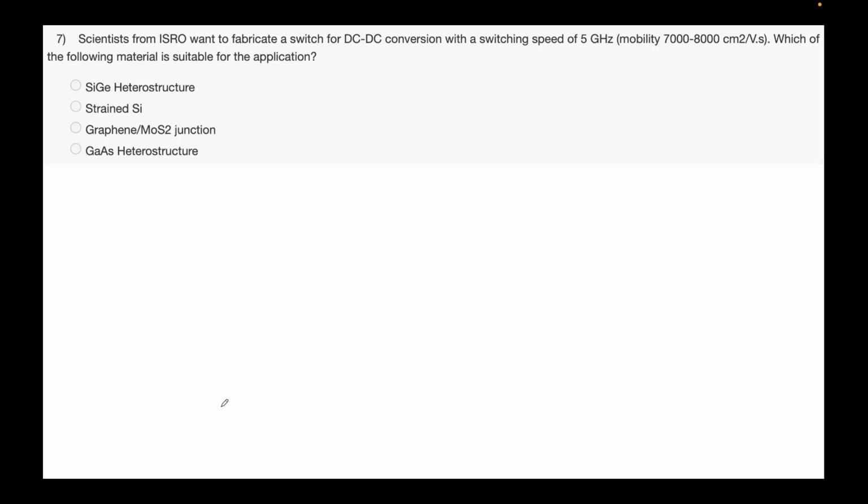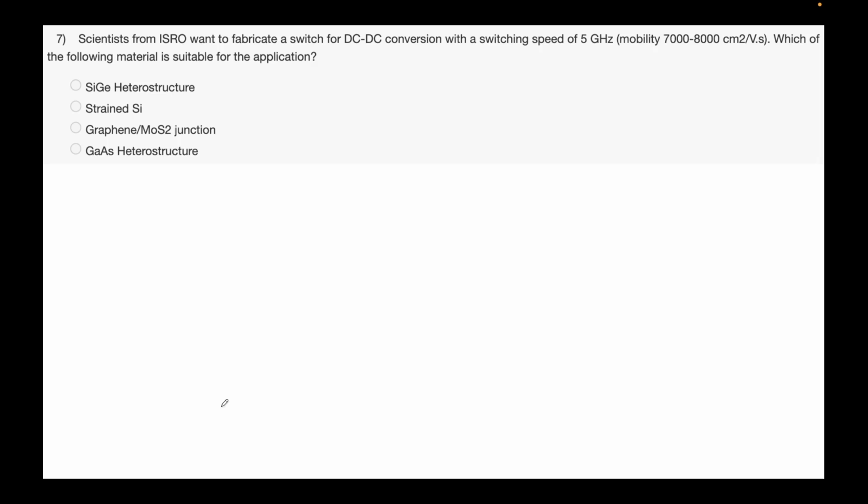For instance, your battery is storing, let's say, 50 volts or 220 volts, and you want to use it for an application that uses only 5 volts. You step down from 220 volts to 5 volts, or you want to step up. That's a DC to DC conversion. Electric vehicles do use this DC to DC conversion.